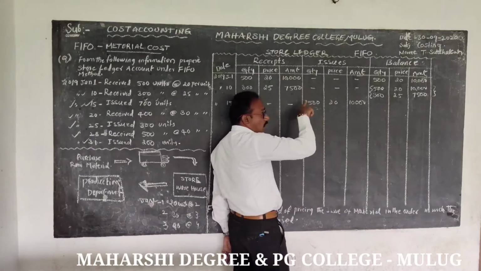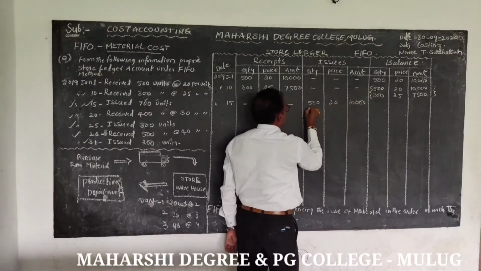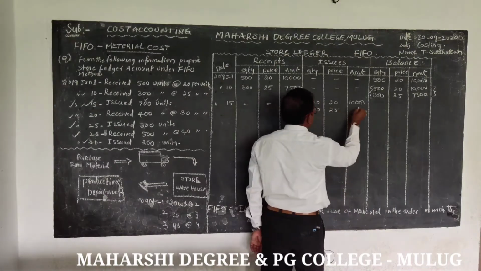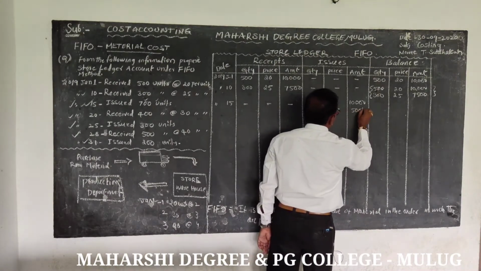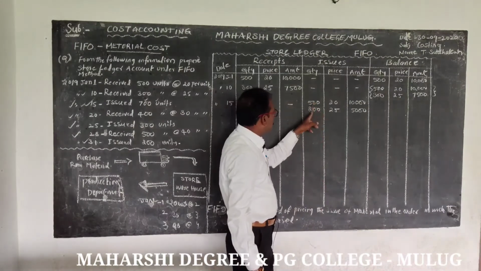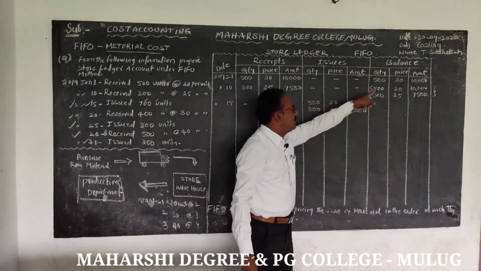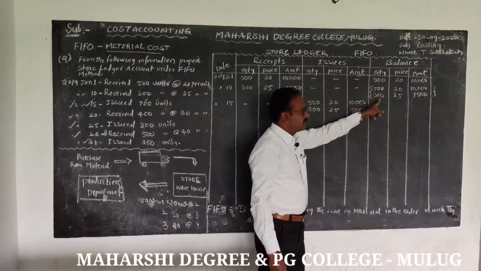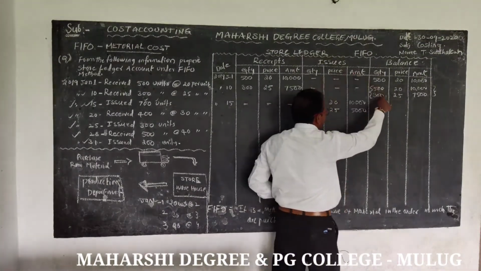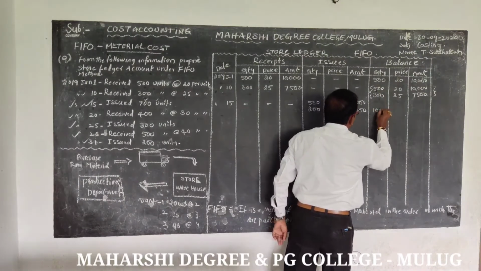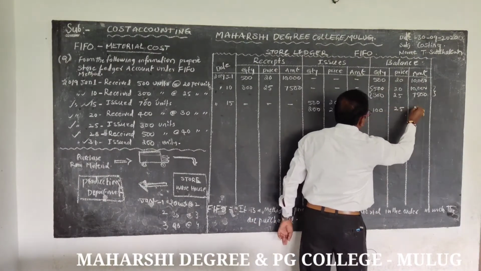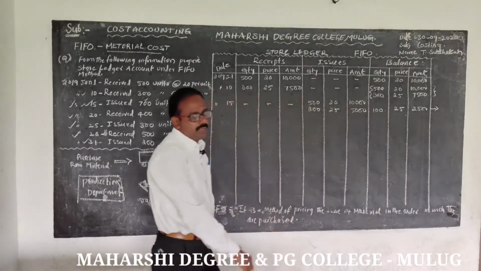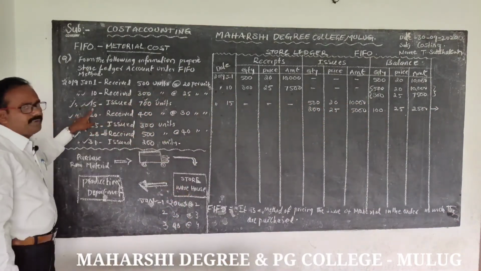Next, the remaining 200 units out of 700 at 25 rupees, 5,000 rupees. Total 500 units from the first transaction and 200 units from the second. So the remaining balance is 100 units at 25 rupees, 2,500, the store balance as of the 15th.